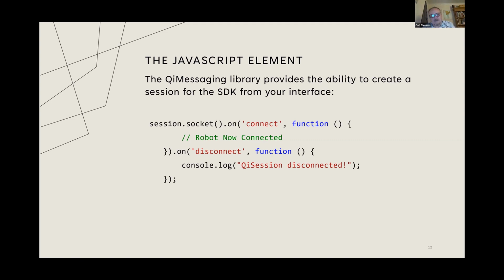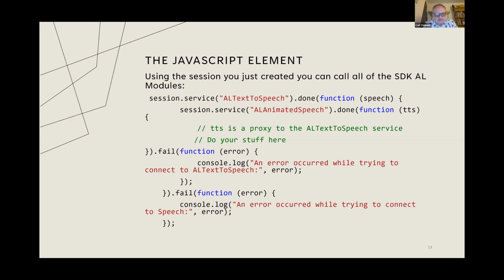So I'm sure you've all come across various modules like AL text to speech, AL animated speech, AL memory. Well, all of those can be created, but we need a session to the robot to be able to do that. Once we've got that session module, we can actually create a link to one of the SDK modules.